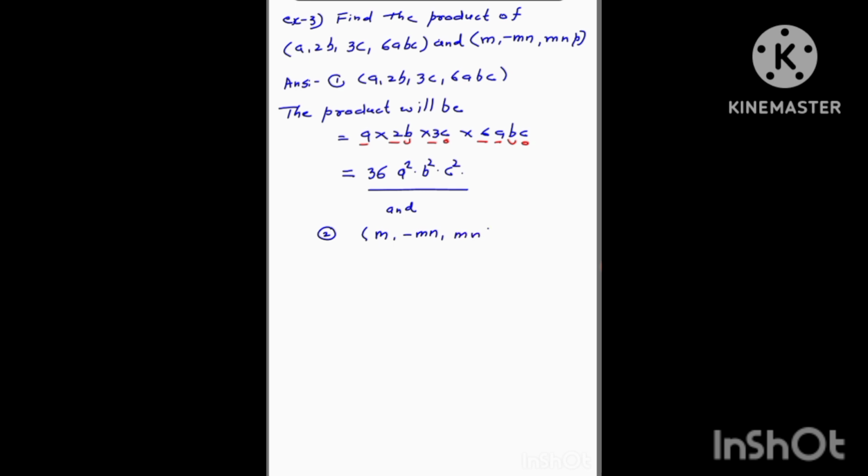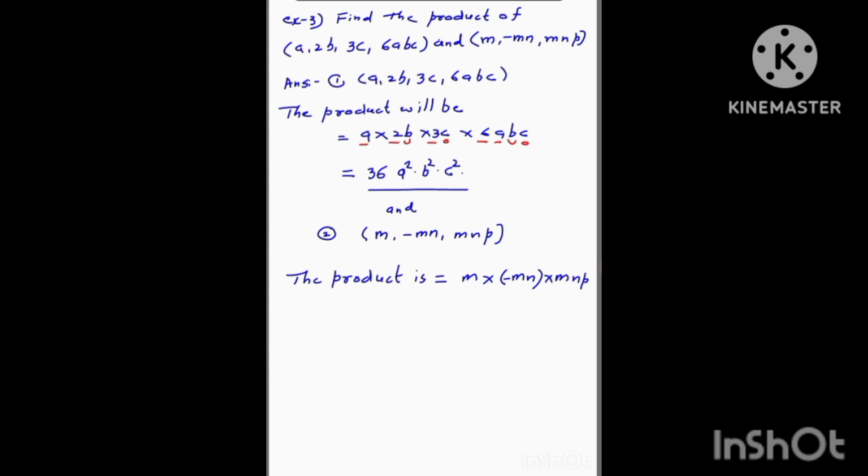Okay, and second one is m, minus mn and mnp. So product will be the multiplication of all this, m into minus mn into mnp. Remember the sign, minus mn.